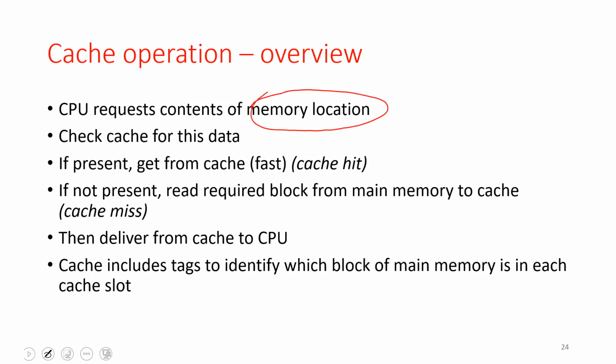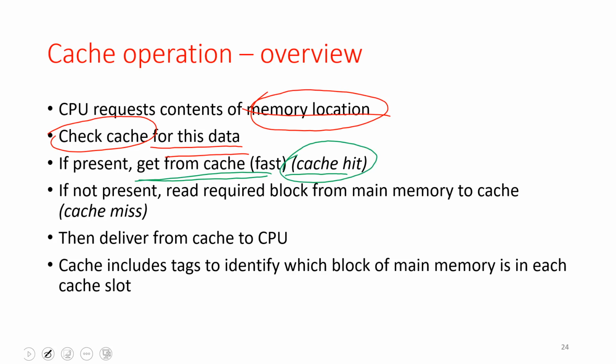So the CPU will say, I want to read from a particular memory location. Then it will first check the cache to see if that data is available in the cache. If that data is available in the cache, then that is a cache hit, and that can be read much faster directly from the cache.